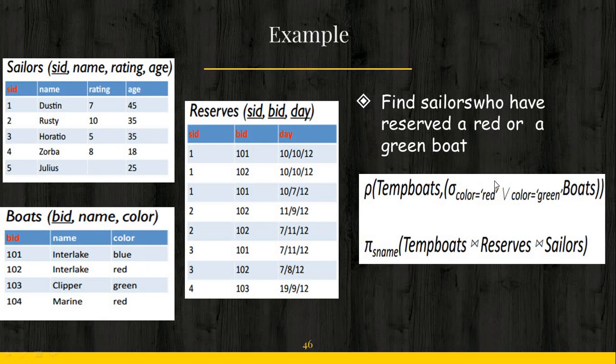This will give us a result of those rows from the boat table whose color is red and green. That means 102 and 103 would be produced from this part.